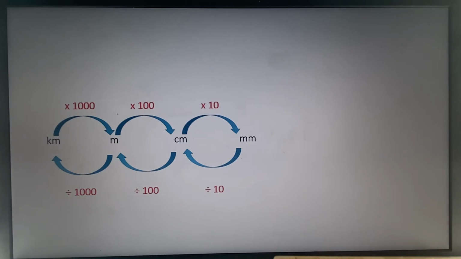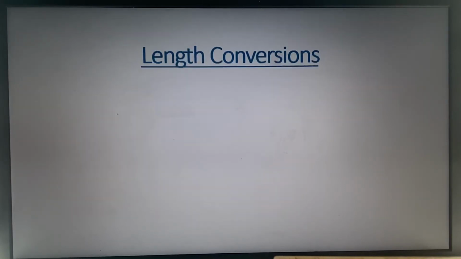And we'd do the opposite on the way back, so dividing by 10 to change from millimetres into centimetres, and so on. So it's a useful way to help you with these conversions to start with until you get into the way of it. So let's look at a few examples of these.